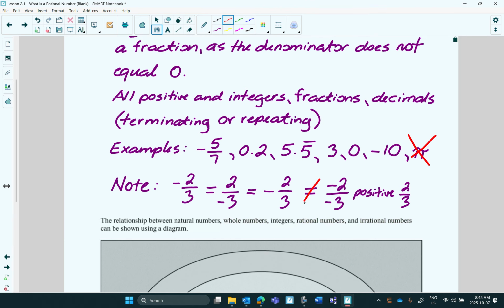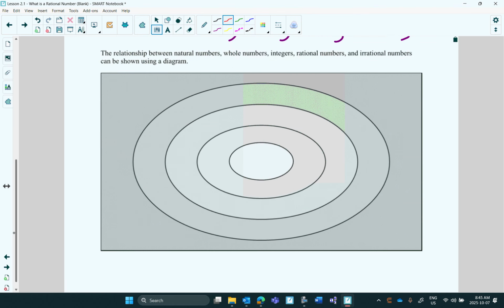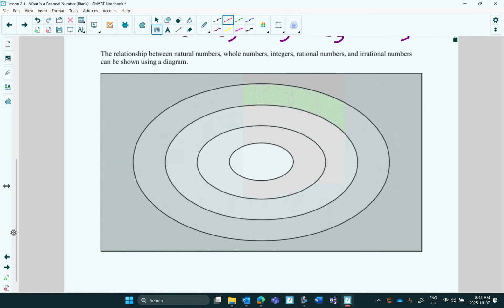Okay. There's a way to show all these number systems visually using this diagram. We start with, in the smallest oval, those are all the natural numbers. And remember, every natural number is also a whole number.